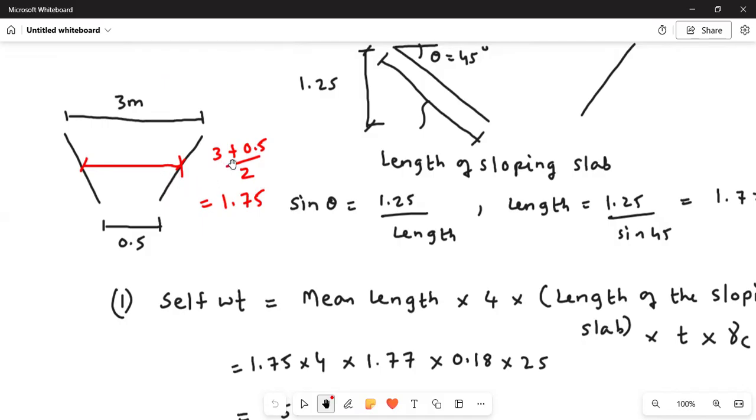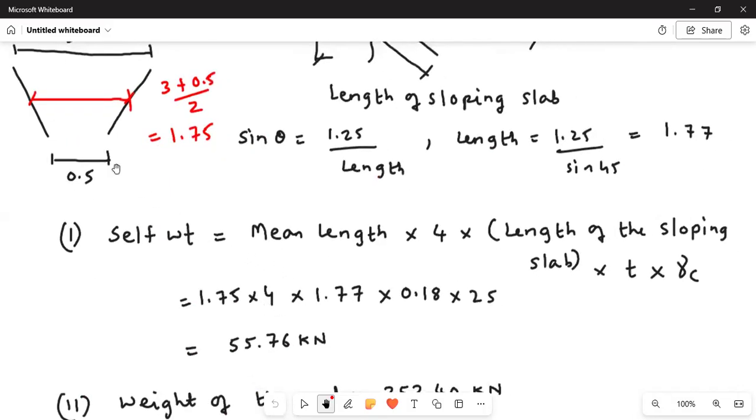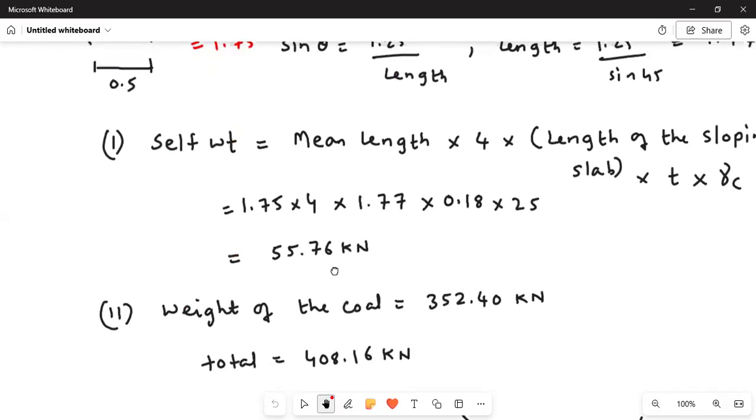So mean length is (3 plus 0.5) divided by 2, which is equal to 1.75. 1.75 into 4 into the sloping length of the slab, that is 1.77, into thickness into 25. So self weight you're getting is 55.76.